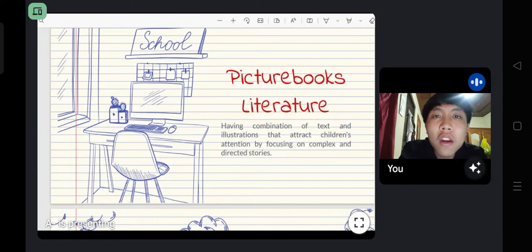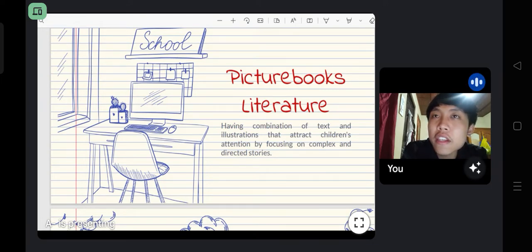The second one is picture book literature. This literature is viewed as having a combination of text and illustrations that attract children's attention.